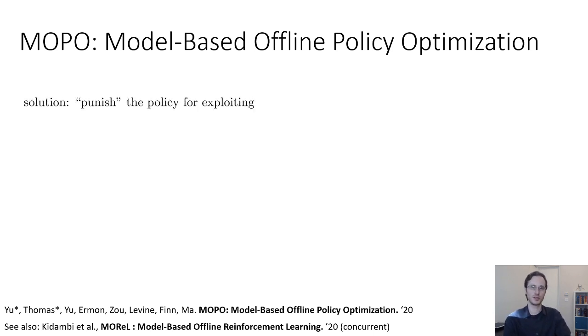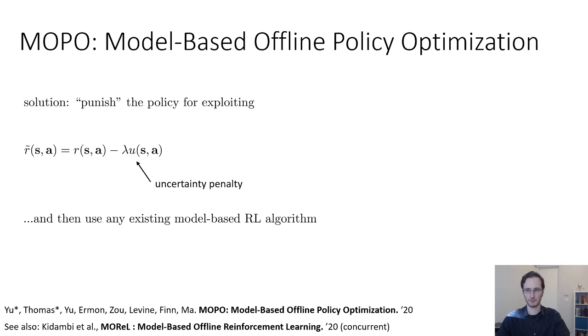So the solution is to basically punish the policy for exploiting these out-of-distribution states. So what we're going to do is we're going to take our original reward function and we'll subtract a penalty with a coefficient lambda. And this penalty u is essentially going to be some quantity that is larger for states that are more out of distribution, or state-action tuples that are more out of distribution. So it's a kind of uncertainty penalty.